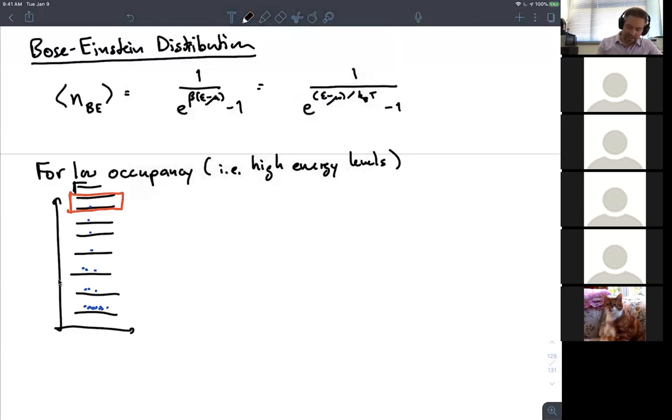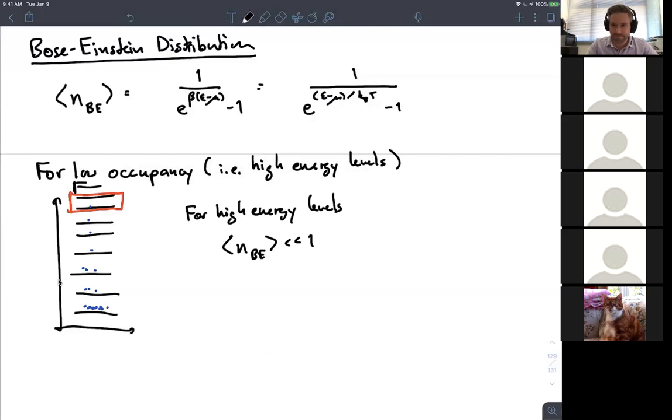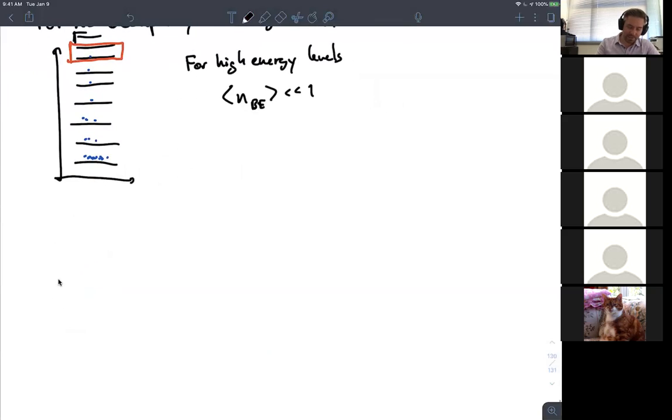For these high energy levels, we expect the average occupancy to be small, to be less than 1. In other words, we expect 1 over e to the beta epsilon minus mu, minus 1, to be much less than 1. For that to be true, this exponent has got to be really big.